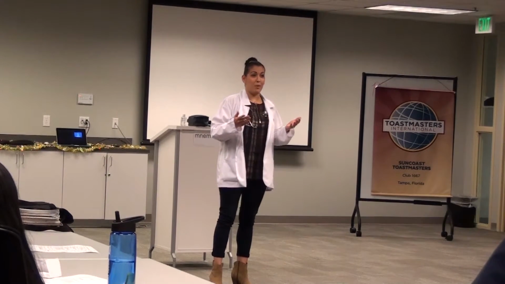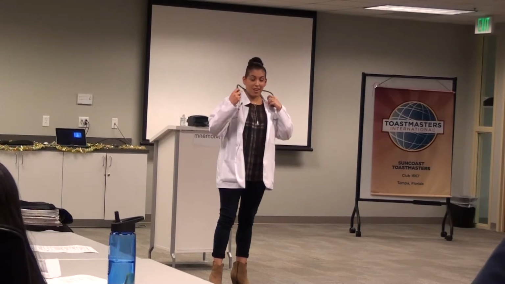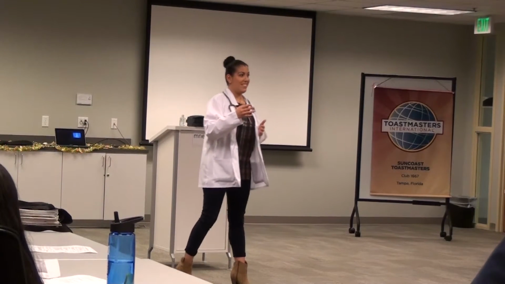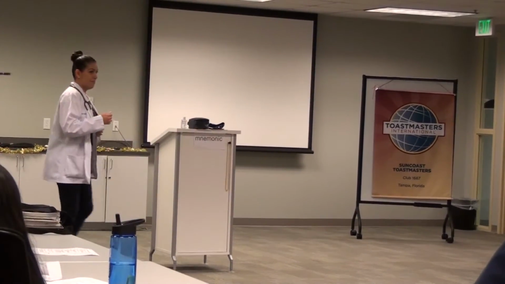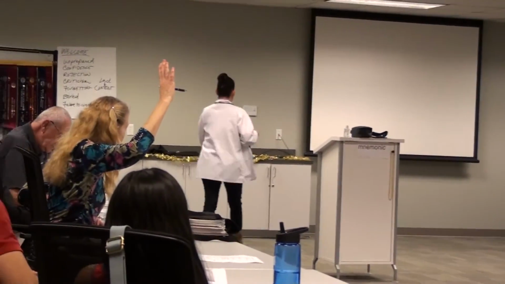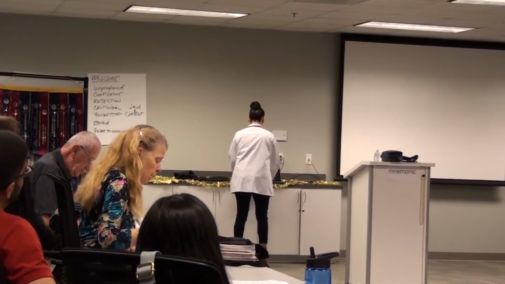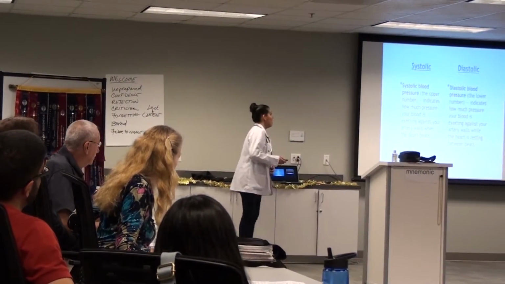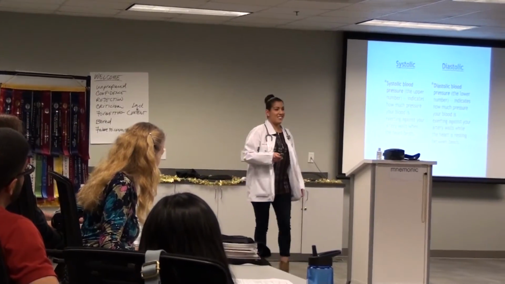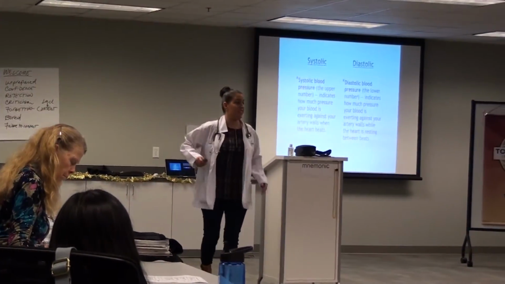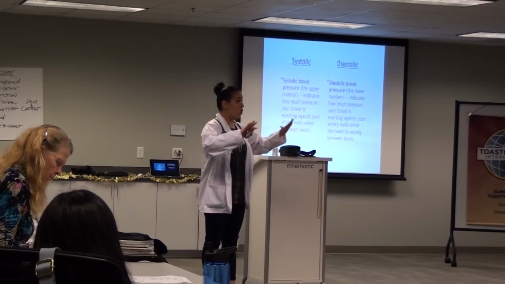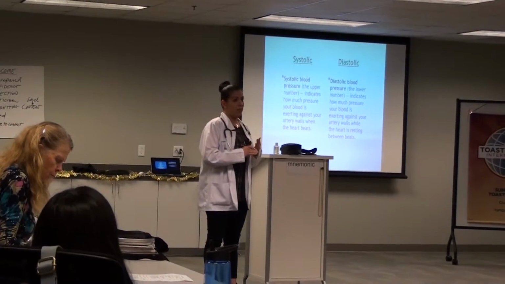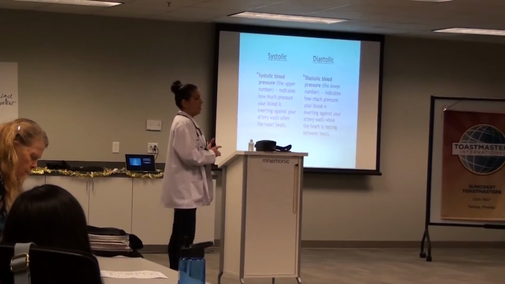First, does anyone know the difference between systolic and diastolic? Yes, some heart pumping versus resting. So the systolic is the top number of a blood pressure. And this is what I tell my students, because my students have no idea what anything is, how to take a blood pressure, what systolic means, what diastolic means.